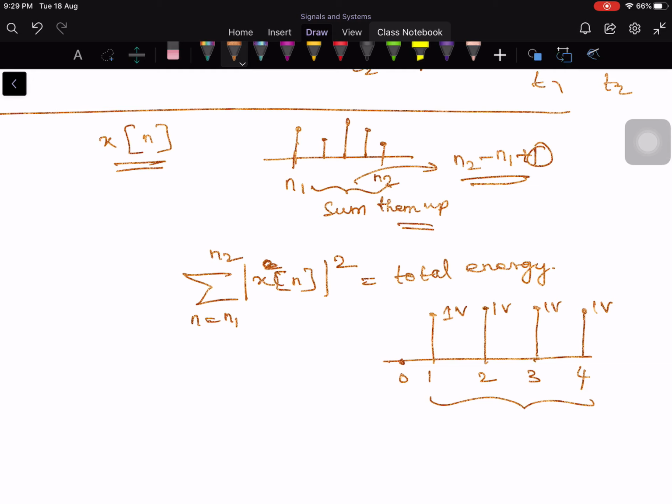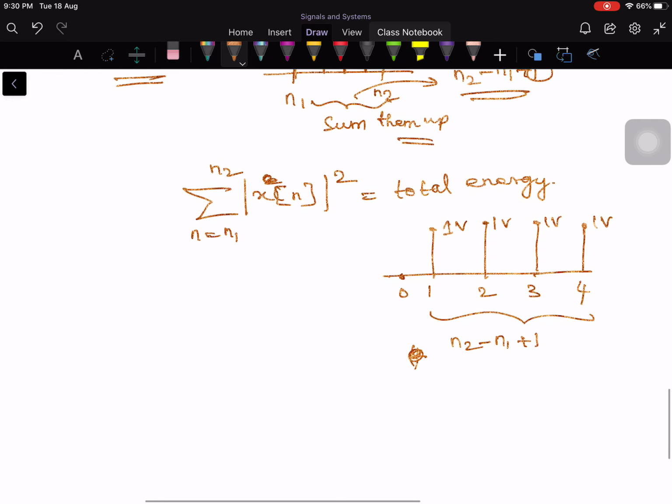Okay, so what is n2 here? n2 is 4. As per the formula, it is n2 minus n1 plus 1, right? So n2 is equal to 4, n1 is equal to 1, therefore 4 minus 1 plus 1 is equal to 4 points. So there are 4 points.